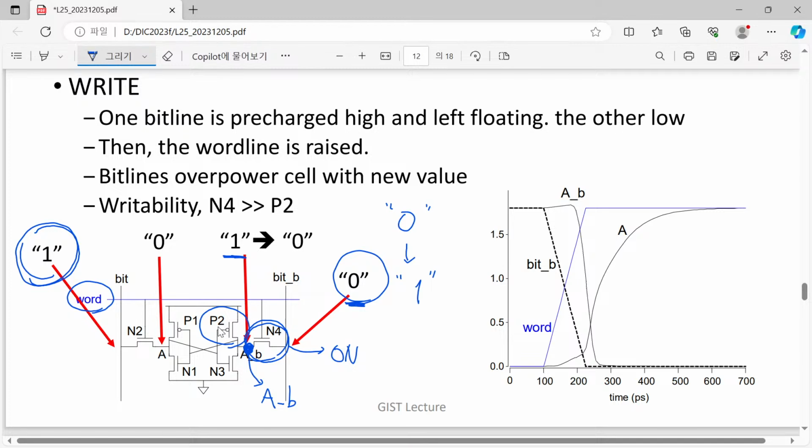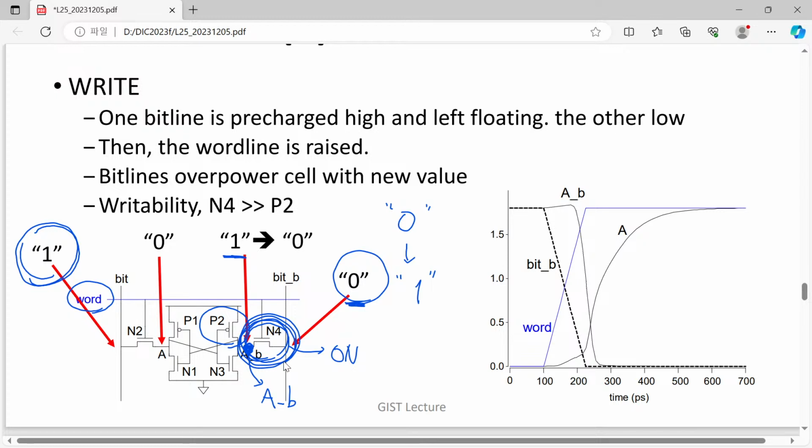If our P2 device is too strong, then N2 will fail to pull down its value to 0. However, if P2 is so weak compared with N2, then when they fight each other, eventually N2 will win and we will have the flip from 1 to 0.